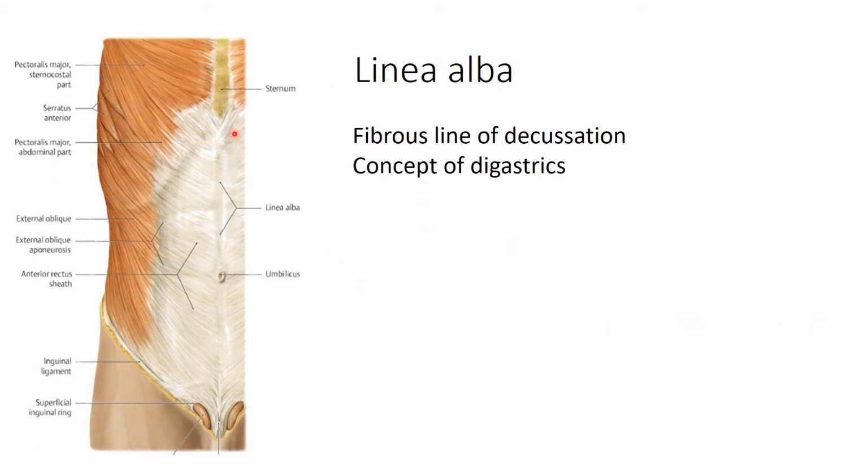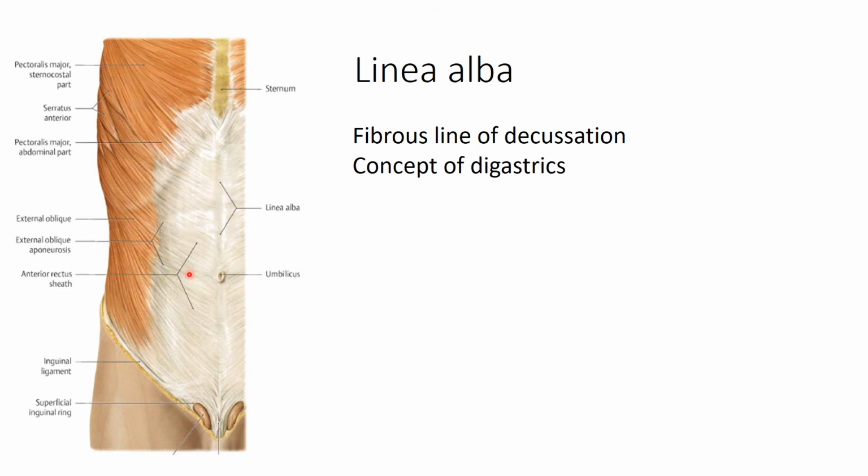So linea alba is the tendinous raphe running from the xiphoid process upward to the pubic symphysis and pubic crest downward, and it is a fibrous line of decussation where the fibers move from right to left or left to right, as well as from anterior to posterior. So they form a midline raphe.